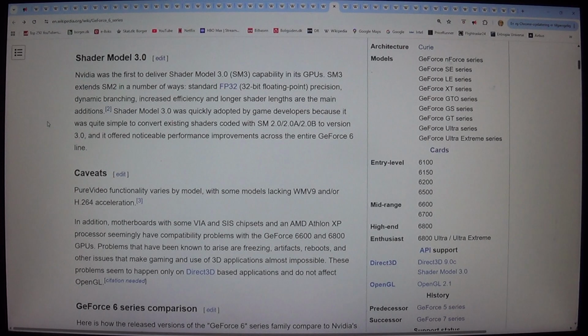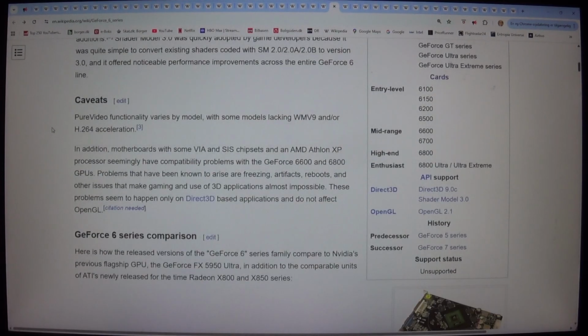Caveats. PureVideo functionality varies by model, with some models lacking WMV9 and/or H.264 acceleration. In addition, motherboards with some VIA and SiS chipsets and an AMD Athlon XP processor seemingly have compatibility problems with the GeForce 6600 and 6800 GPUs.